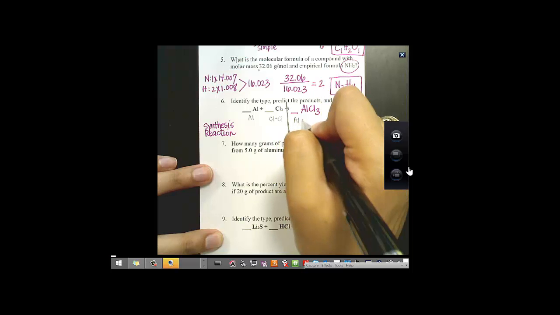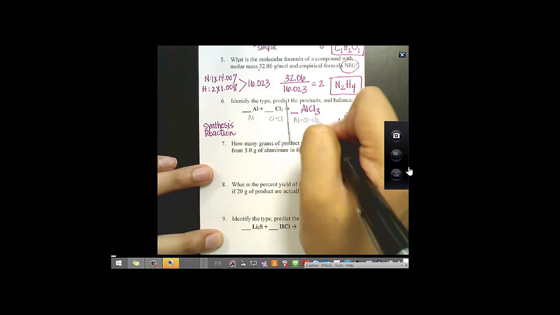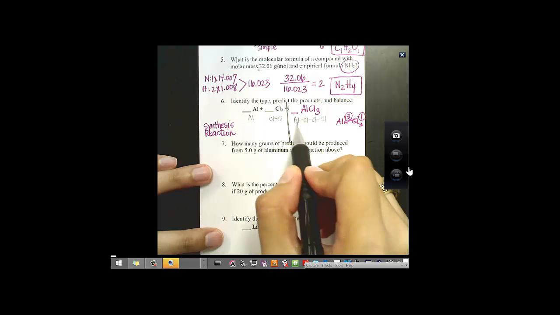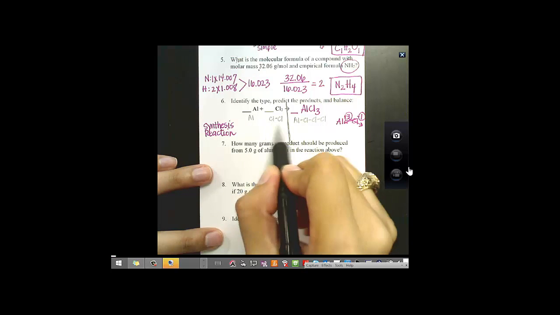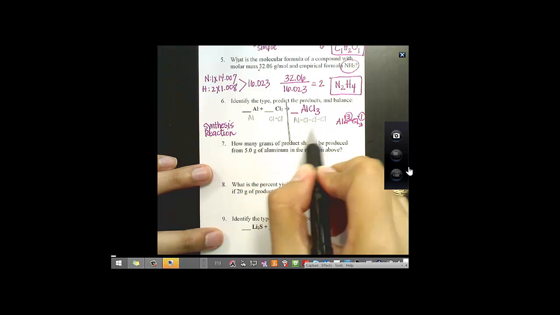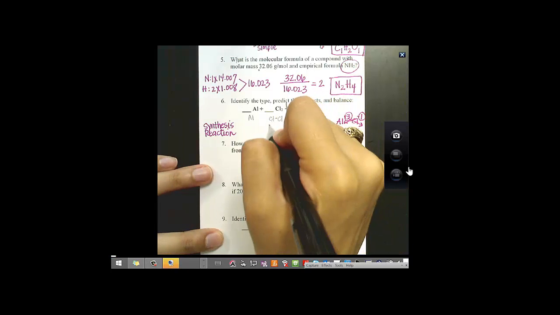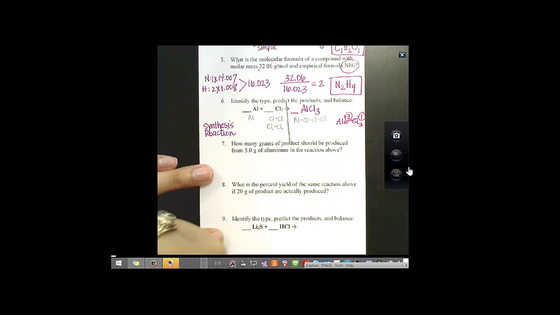And then I have AlCl3, which is Al with 3 chlorines bonded together. I have to make both sides equal to each other. So I have 1 aluminum on the left, and I have 1 aluminum on the right. So that's balanced right now. I have 2 chlorines on the left, and I have 3 chlorines on the right. So I need an additional chlorine on the left. But chlorine on the left doesn't come by itself, it comes as a pair. So I have to put both of them together.